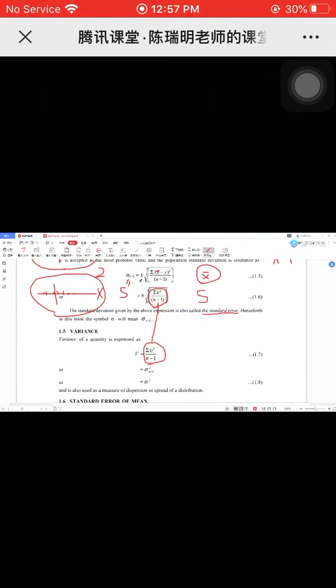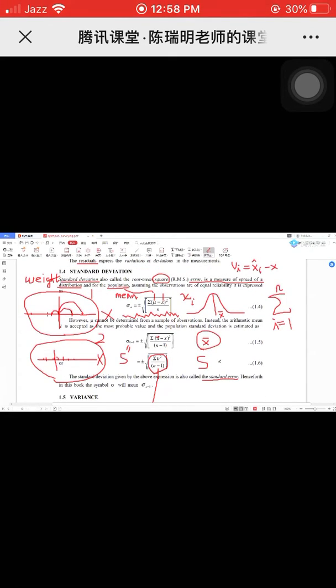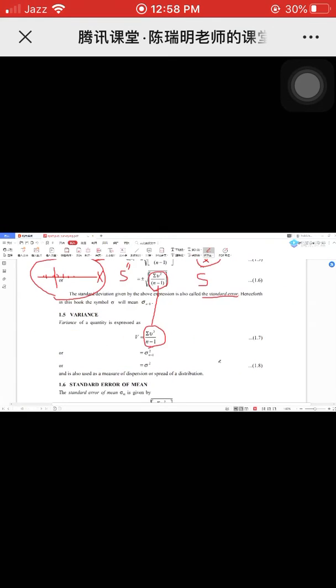Now you can get sigma, which is the square root of the sum over n minus 1, with a plus minus. This is normal, because you don't take only positive values into consideration. Sometimes the direction is unknown, so you write plus minus, like a package of chips, plus minus 5 grams. So that's it.